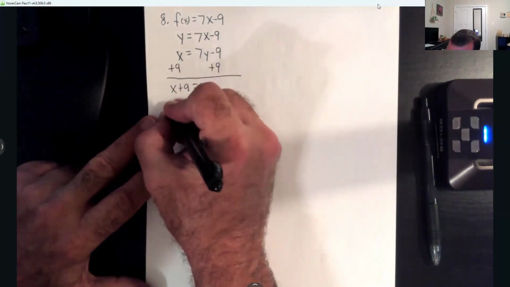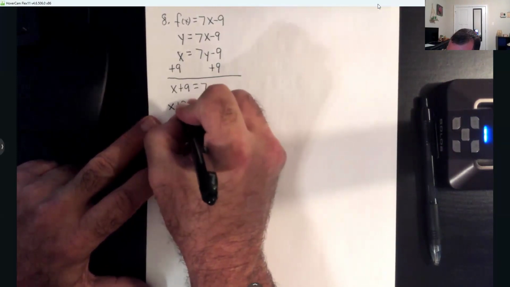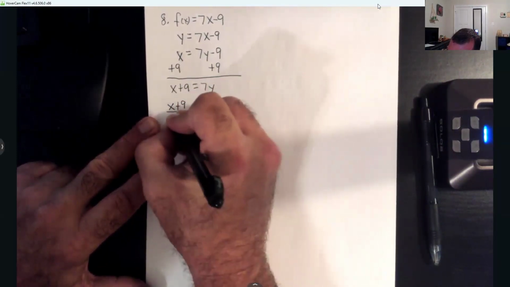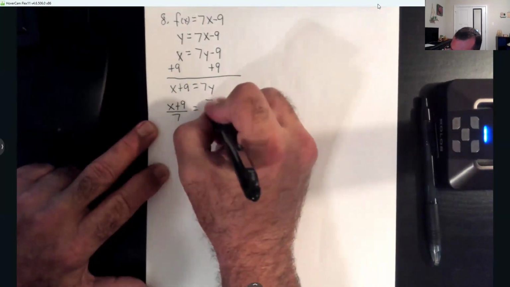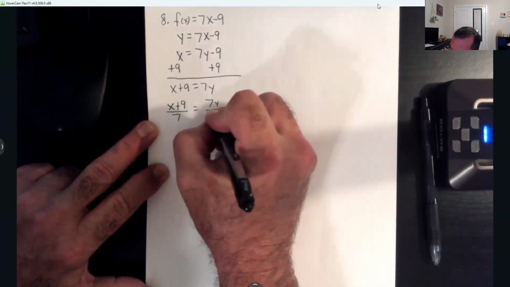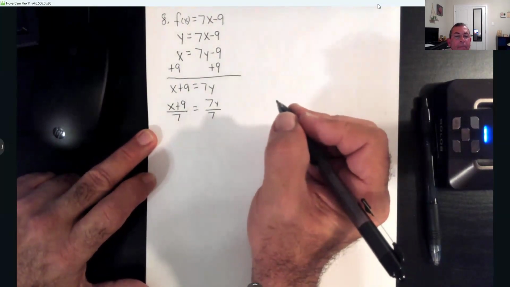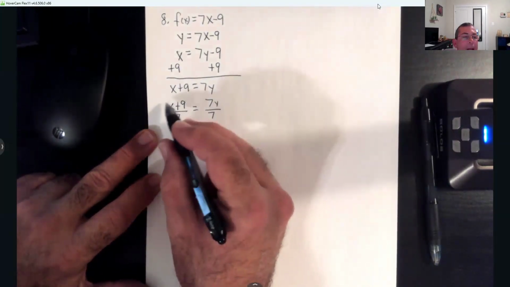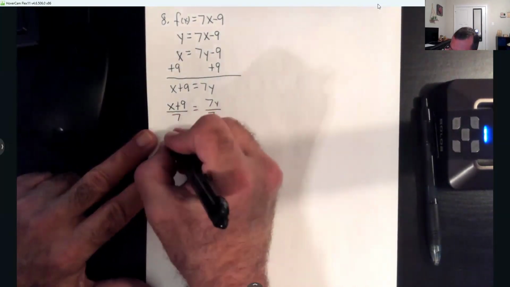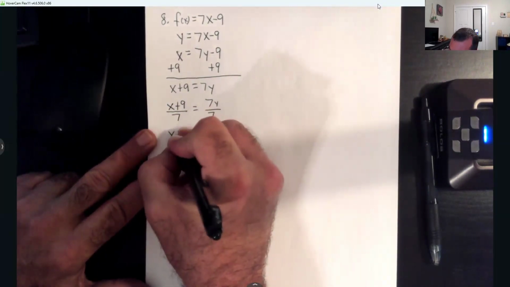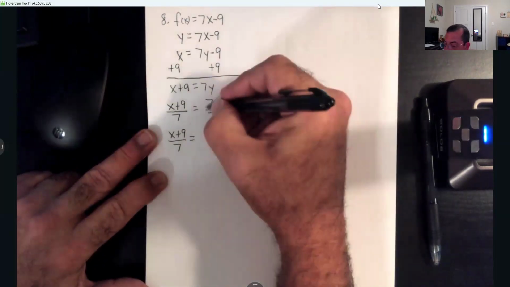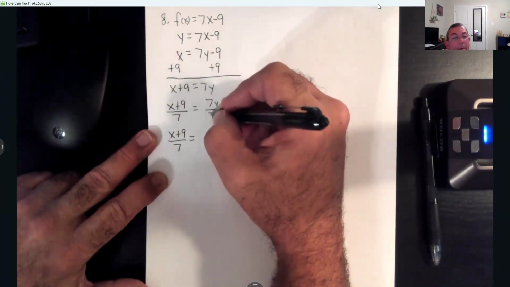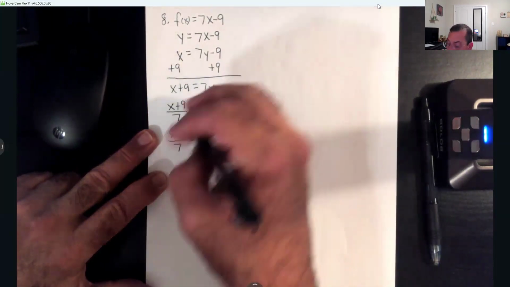So the easiest thing to do on the left side is just to put this whole thing over a 7. And that'll equal to 7y divided by 7. So we cannot do nothing here. So that's going to stay x plus 9 over 7. But here, 7 divided by 7 makes that a 1y.